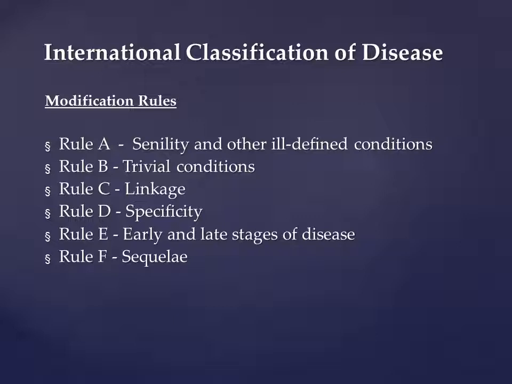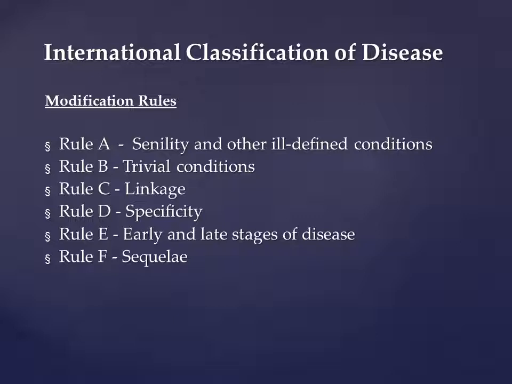And then rule C, linkage. If there are two conditions that can be combined as underlying cause of death, we may link them to each other. And then rule D, specificity, is when the condition preferred to be reported on the certificate should be the more informative, precise term over the general term.